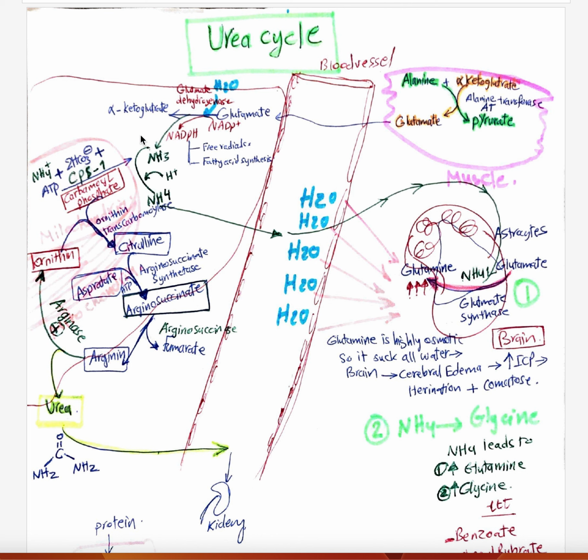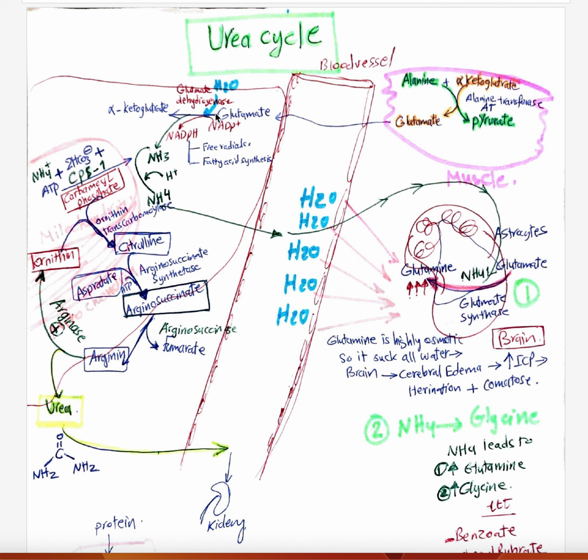We want to know actually what is happening here in the muscles. In the muscle, we have alpha ketoglutarate, and by the alanine transferase enzyme that leads to the formation of pyruvate. And by the same enzyme, it leads to the formation of glutamate. Then the glutamate goes through the blood vessels and enters the liver.